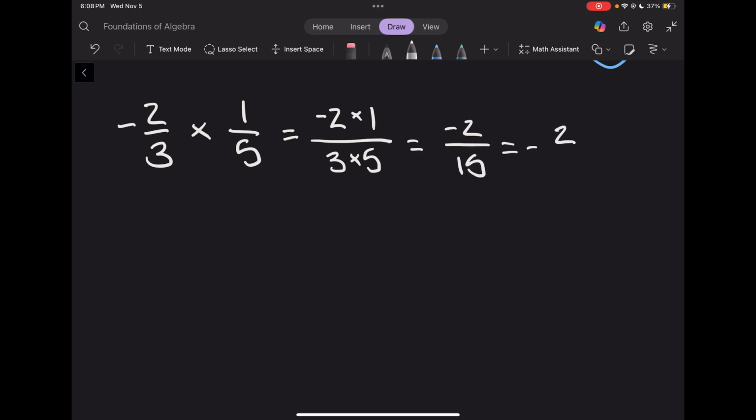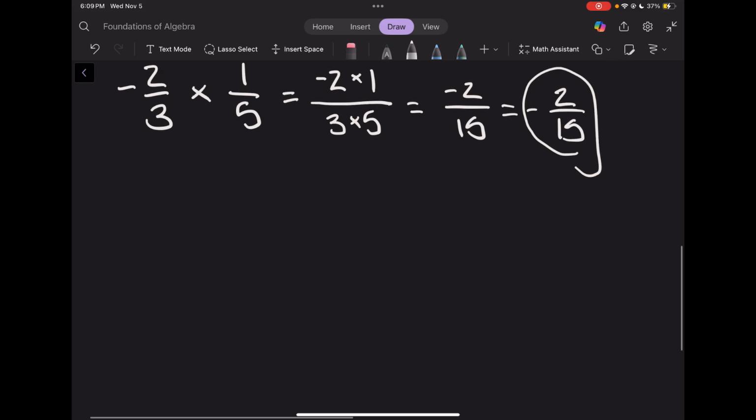We can pull that negative out in the front, and voila, that is our final answer. So multiplying is different from adding and subtracting fractions. In fact, they are very different, so just keep that in mind.